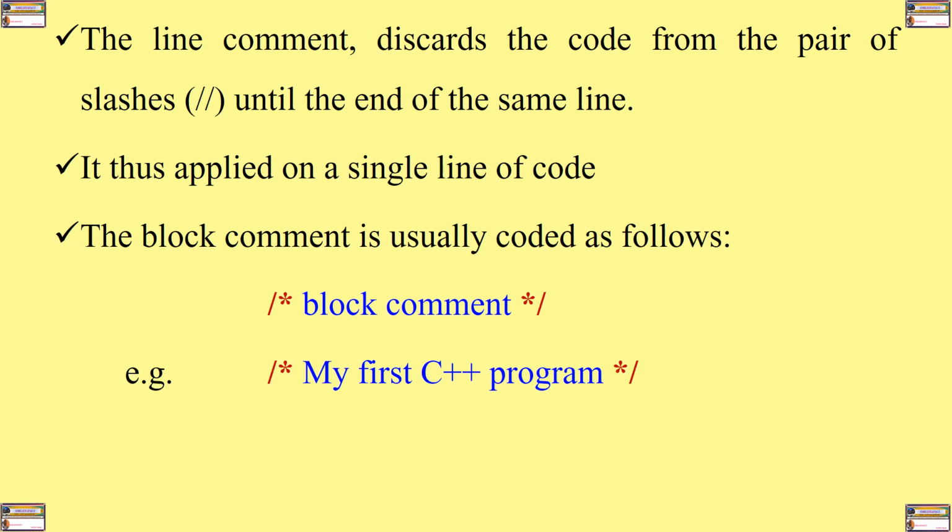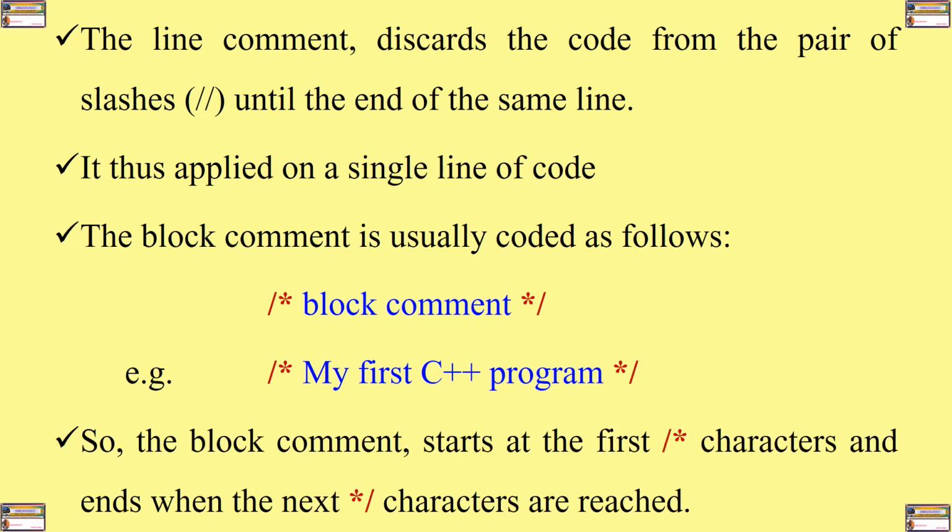Then you write your comment, which can occupy more than one line. And then to indicate that that is the end of the comment, you have the asterisk followed by a forward slash. For example, forward slash asterisk, My first C++ program, asterisk, forward slash.